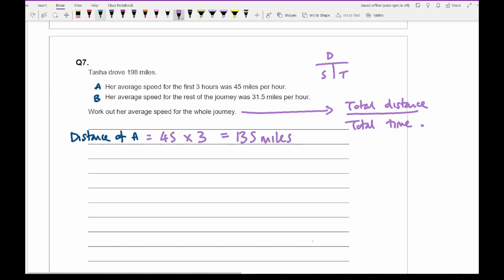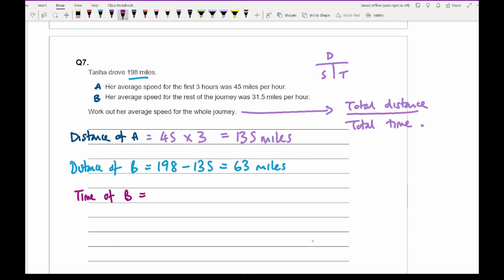Then with this, what I then need to do is work out the distance of B. We know that the distance of A is 135. We know that the total distance is 198. So to work out the distance of B, I take away those two numbers and I get an answer of 63 miles. Now the next thing that's left for me to do is to work out the time of B.